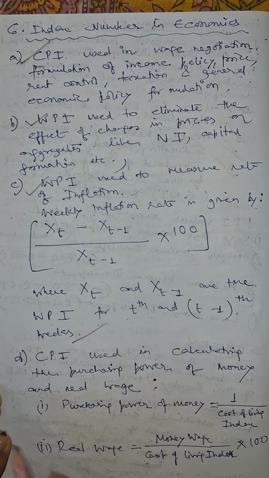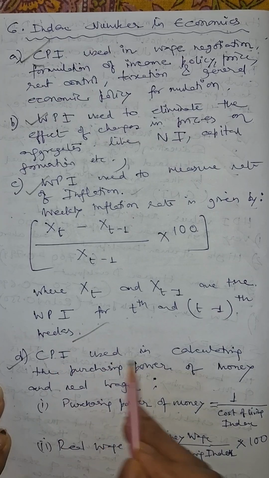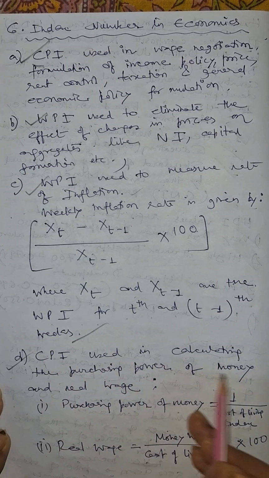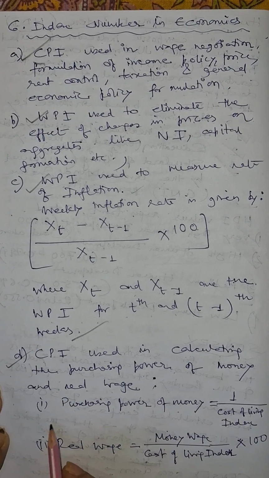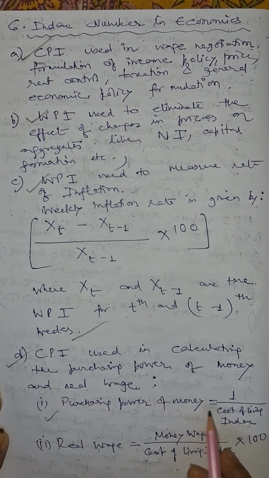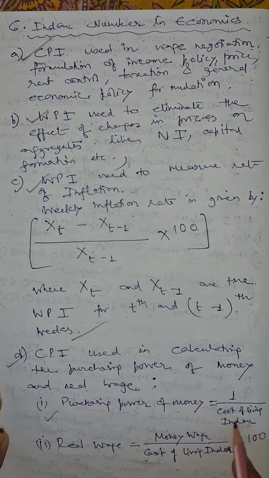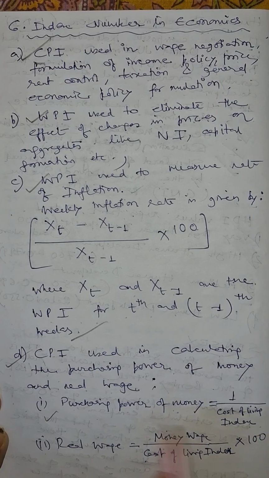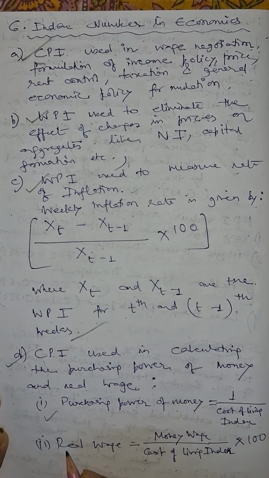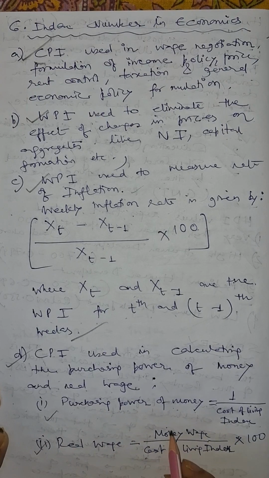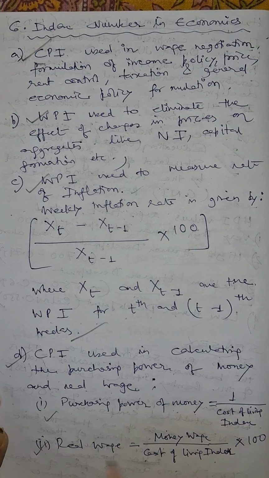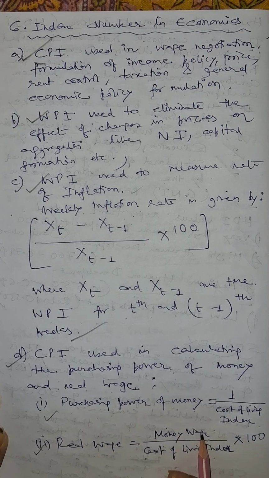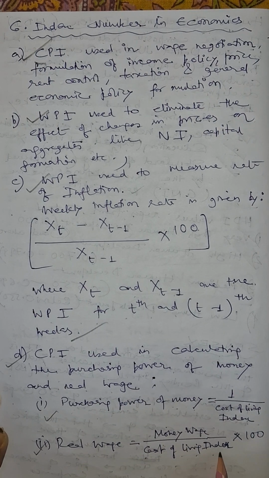Then CPI is used in calculating the purchasing power of money and real wage. How is it done? The purchasing power of money is equal to 1 by the cost of living index. And the real wage is money wage divided by the cost of living index, into 100.